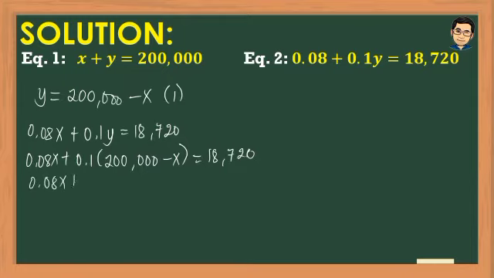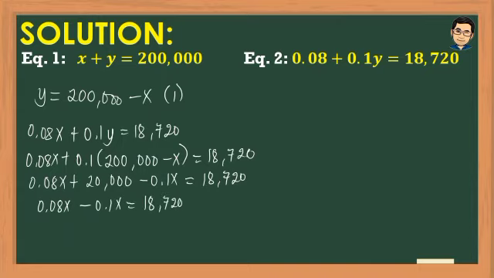0.08x plus, so yung 0.1 i-distribute natin sa 200,000 minus x. So 0.1 or 1/10 times 200,000, that is 20,000. 0.1 times negative x, that is negative 0.1x, equals 18,720. Next, combine like terms, so 0.08x minus 0.1x equals 18,720 minus 20,000.